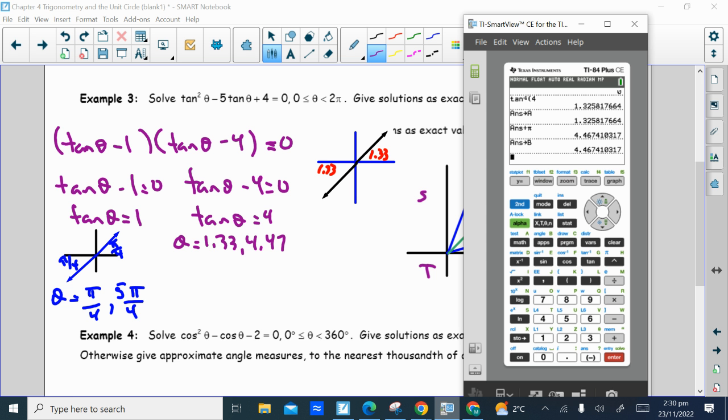Okay, so now, here's our check. If I'm checking first, pi on 4. Tan squared theta means the tan of theta all squared. So I'm going to open up a bracket. I'm going to put the tangent of pi on 4. Close the bracket on the tan of pi on 4 so I can square it. Minus 5 times the tangent of pi on 4.